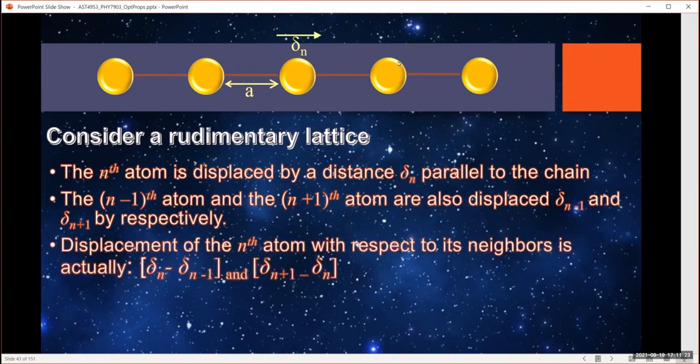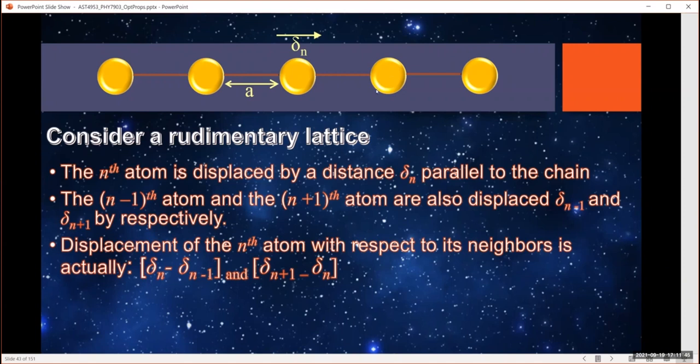But what that means is that if this one has been displaced and this one has been displaced, the actual displacement relative to its neighbors is now delta n minus delta n minus 1, because that one has moved a bit, and delta n plus 1 minus delta n, because that one's moved a little bit.